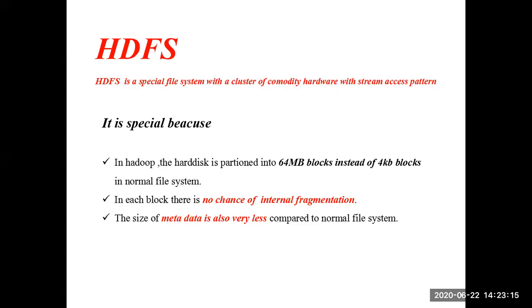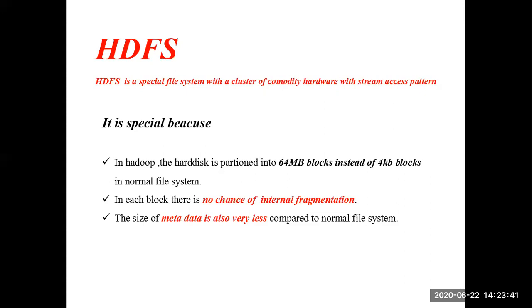That means write the file to Hadoop once. You can read the file any number of times, but don't try to modify the data of the file. That is the stream access pattern. In one line: write once, read any number of times, but don't try to modify the data.